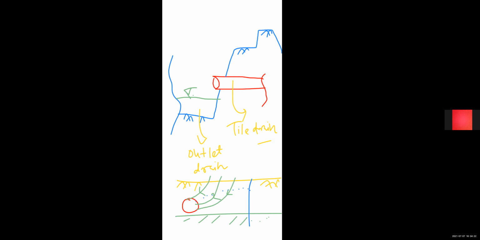This green line is the flow line. This is the tile drain. And this level is the water table level after drawdown.